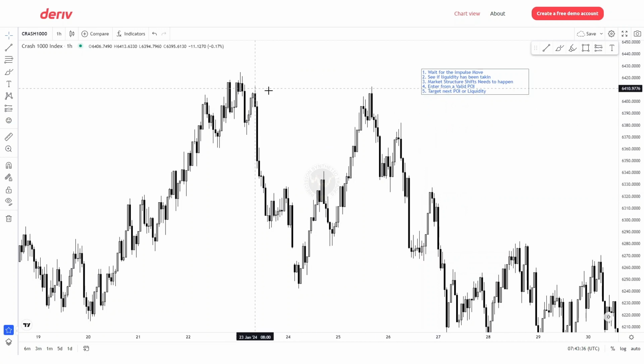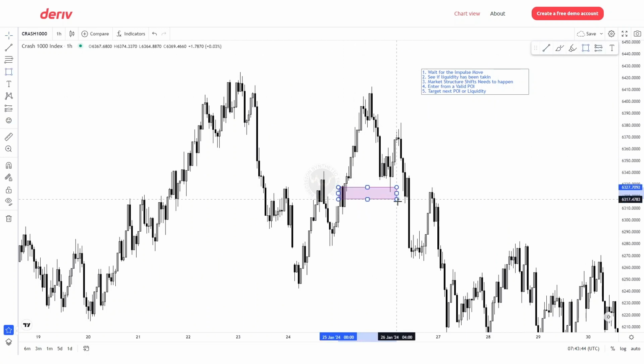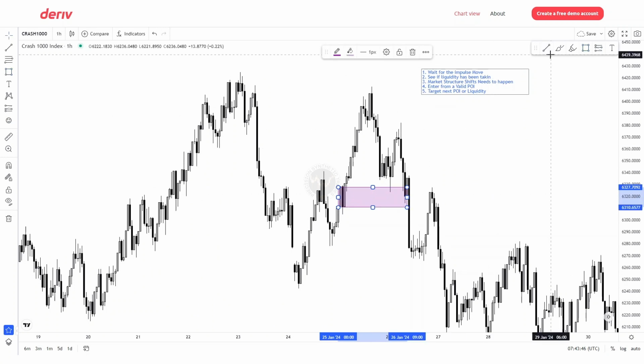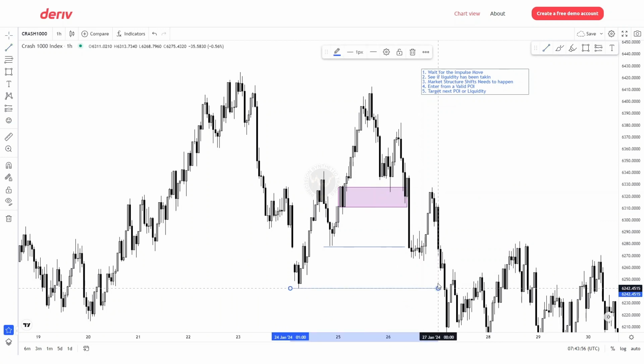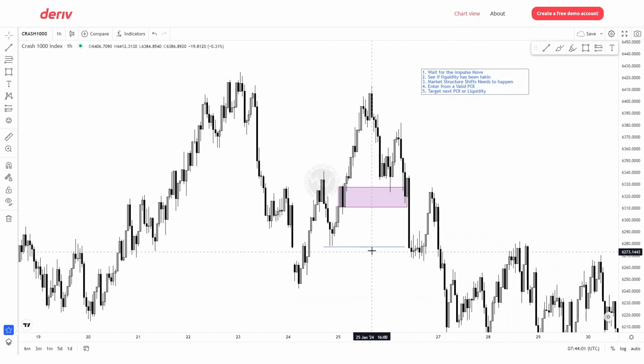So in this case, because we waited for these big moves, there's a bunch of places where you can take your profit. Nice order block, you can take it from there. You can take your profit at this liquidity here, or you can leave it, let price run and take the liquidity there. It's all going to depend on your risk management and your personality with trading as well.